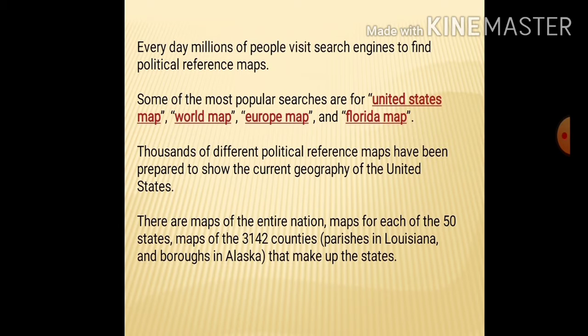Thousands of different political reference maps have been prepared to show the current geography of the United States. There are maps of the entire nation, maps for each of the 50 states, maps of the 3,142 counties, parishes in Louisiana, and boroughs in Alaska that make up the states.